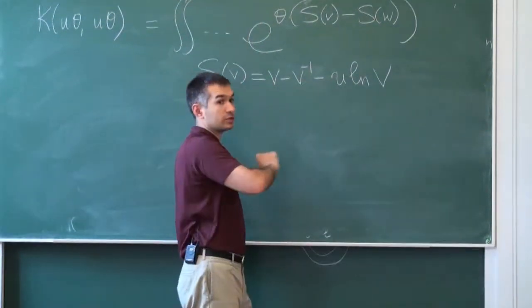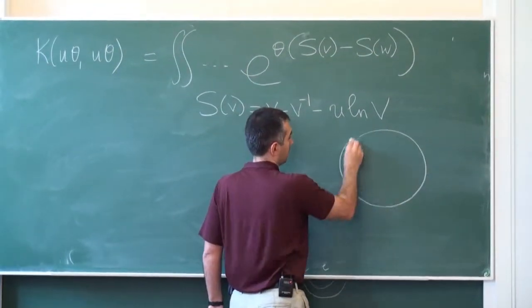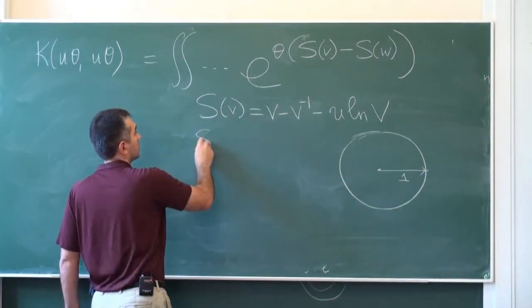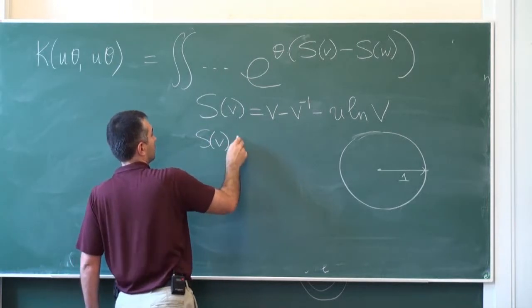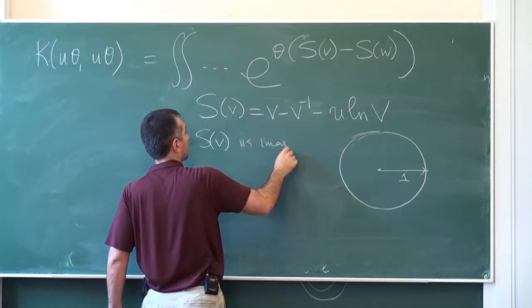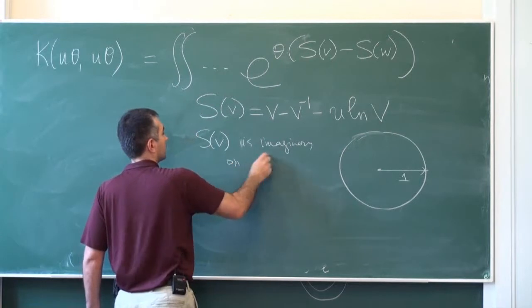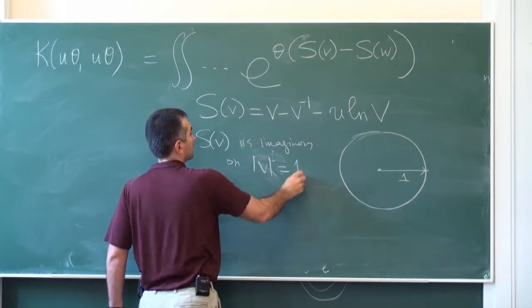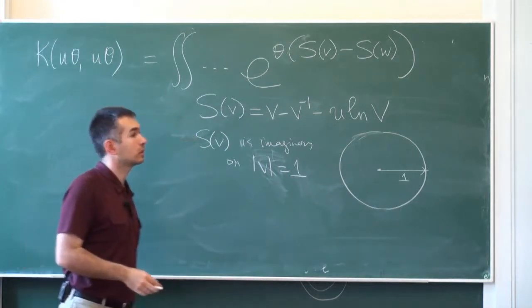Now this function is still, so again, I'm around the unit circle. This is radius 1. And so S of v is imaginary on the unit circle. On the absolute value of v less than 1. Yeah. What is u?